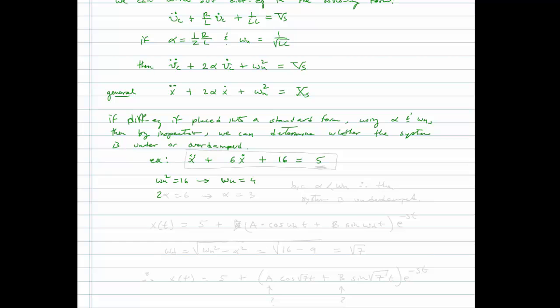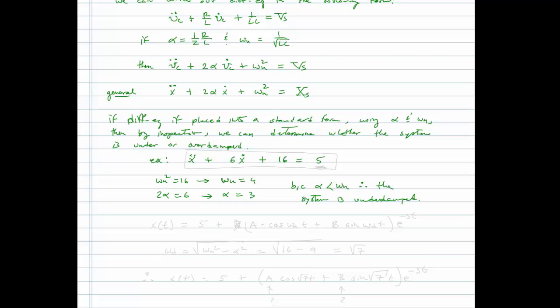And 2 alpha is equal to 6, therefore alpha is equal to 3. And because alpha is less than omega n, therefore the system is underdamped. Just like that. And if we say, okay, what is the frequency that it oscillates? We have that as well.